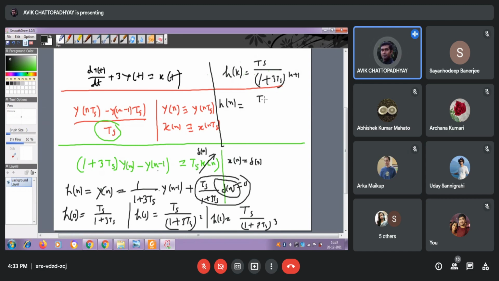It is basically Ts divided by 1 plus 3Ts, whole to the power n plus 1, into u[n]. Please note, unless you multiply with u[n], it will not give you the form of a signal.